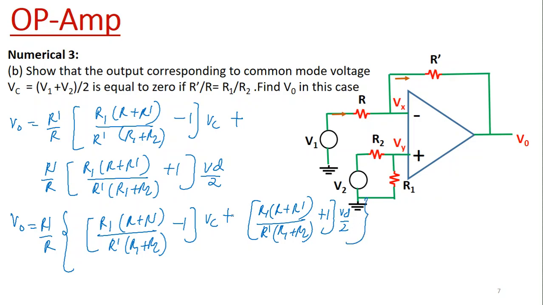Since it is whole multiplied by R dash by R, this is the equation which we are getting.